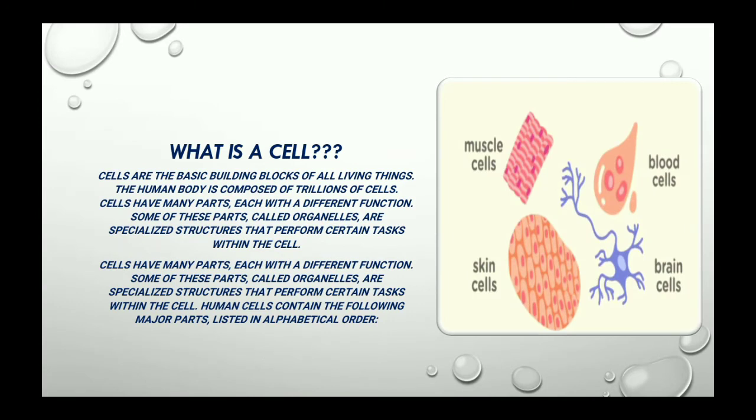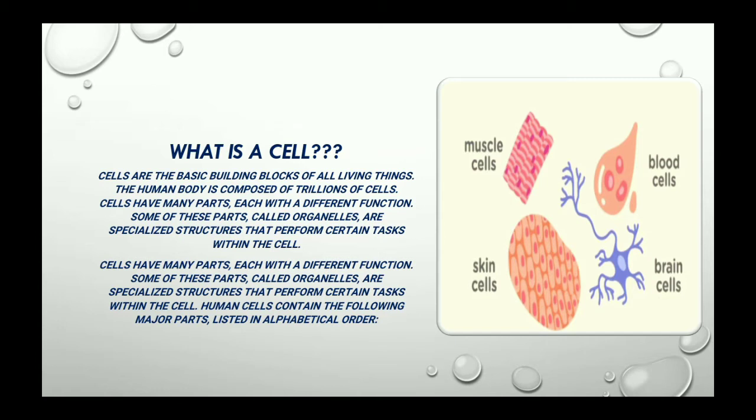So now, what is a cell? Cells are the basic building blocks of all living things. As I told you, the human body is composed of trillions of cells, and cells have many parts, each with a different function. Some of these parts, called organelles, are specialized structures that perform certain tasks within the cell.